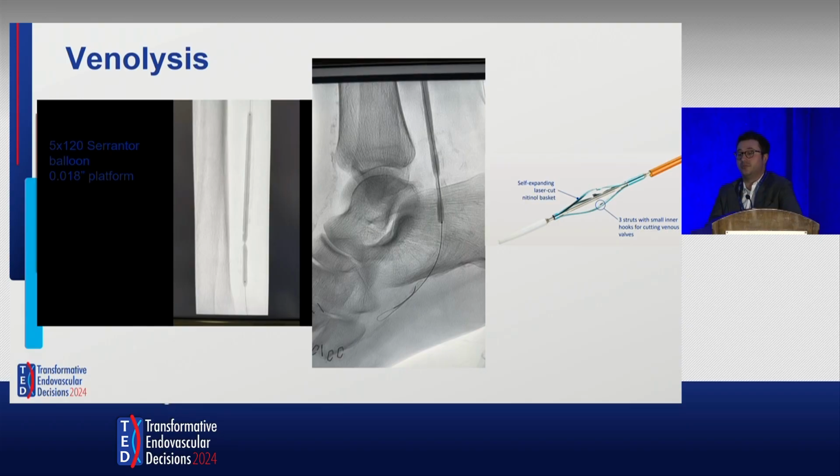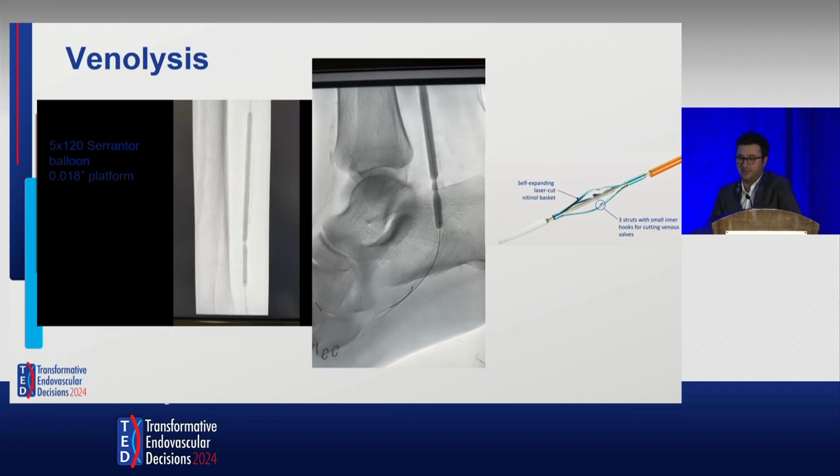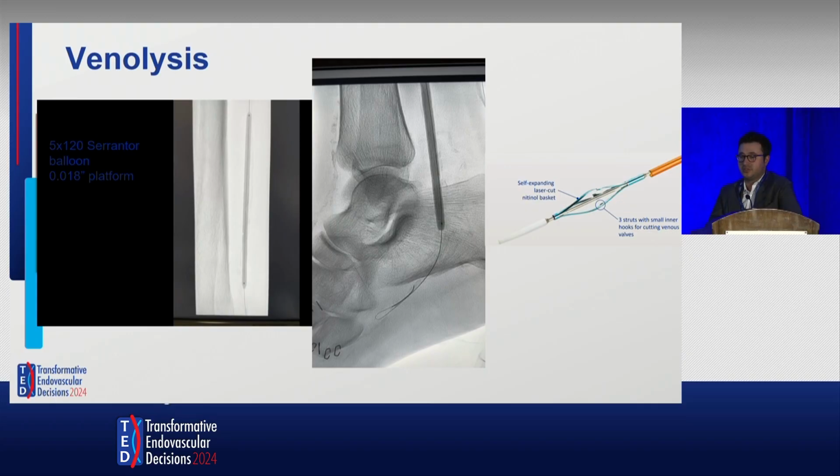And here is one of the real big challenges that remain. I think this is one of the similarities between the PTAB technology and doing PDVA or TAD-V: dealing with these valves or these reentry areas. So something that I've relied upon are specialty balloons, most notably the Serenator. So I use a 5x120 Serenator, typically to lyse or affect the valves in the tibial veins.